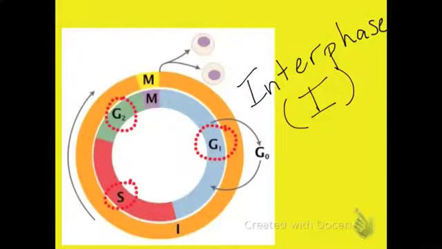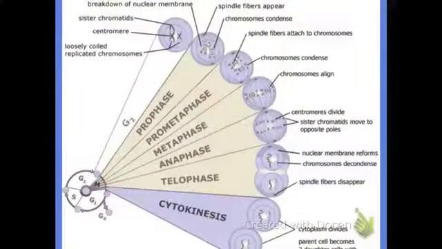Interphase includes G1, S, and G2. Mitotic phase includes mitosis and cytokinesis. Study this diagram carefully as it shows in detail the four main phases of mitosis.